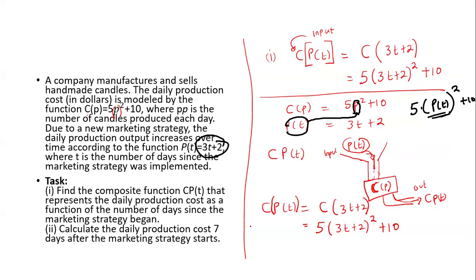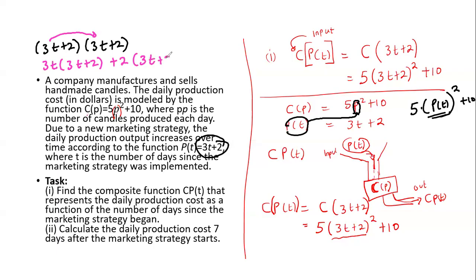Now, if that is very okay, I'm going to first expand this. Now, when I'm expanding, allow me to do the side work. It will be (3T plus 2)(3T plus 2), since it is multiplied twice. We know that this 3T multiplies everything. So you say 3T into (3T plus 2), then plus 2 into (3T plus 2).